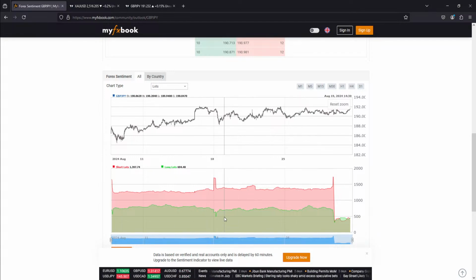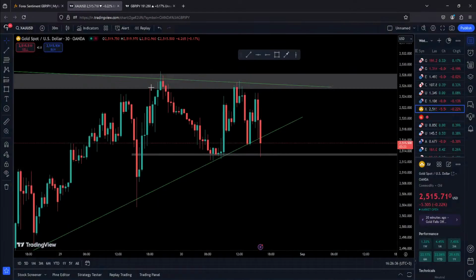Now if we have to look for buys, then the sellers should be increasing from this point, and if the market has to go down, then the buyers have to increase for the market to move down. But currently nothing is happening, so we have to really wait for either buyers or sellers to move up. So now let's talk about gold.